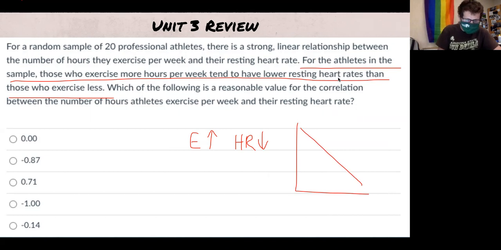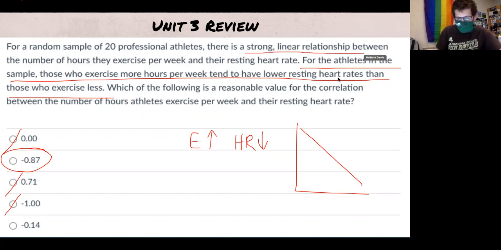So in that case, I can rule out these. Now, a perfect correlation is very, very unlikely, so I wouldn't lean toward that one. So the question is, should it be negative 0.87 or negative 0.14? What lets me know that it's negative 0.87 is that it says right here in the first sentence, there's a strong linear relationship.